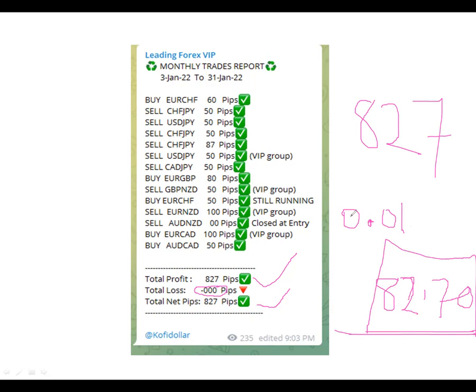So if you traded with even the least lot size, which is 0.01, with a total of 827 pips, would have given you $82.70, which is approximately $83. So with 0.01 as a lot size, you would have made $83 for the first month with our signals.